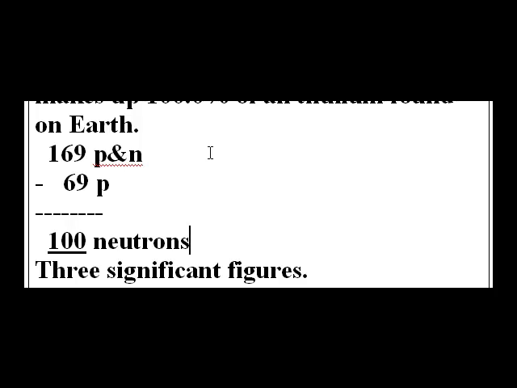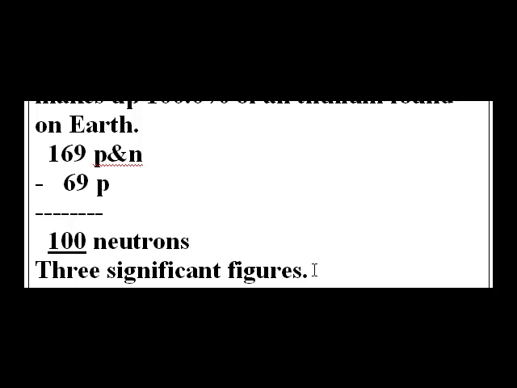I come up with exactly 100 neutrons, not 99, not 102. All three are significant. However, I didn't know that by just presenting that number earlier; just 100 sure looked like a rounded number. But it turns out from the context that no, all three are significant.